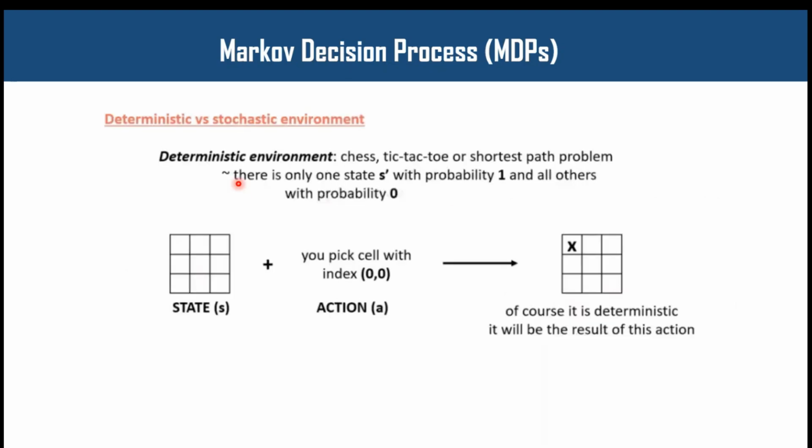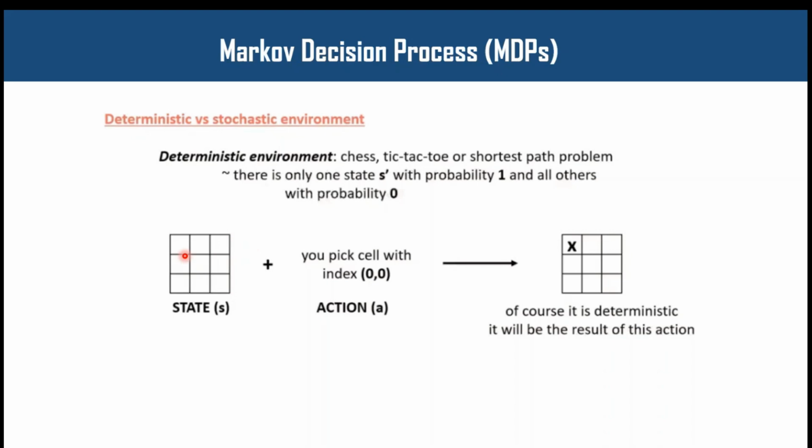So we have two different types of environment. One is the deterministic environment, another one is the stochastic environment. What is this deterministic environment? It means you have a state with the cells, and then you have to pick a cell. This cell is indexed as 0,0, 0,1, 0,2, like that.